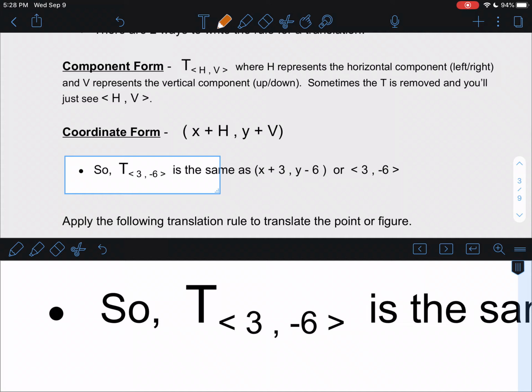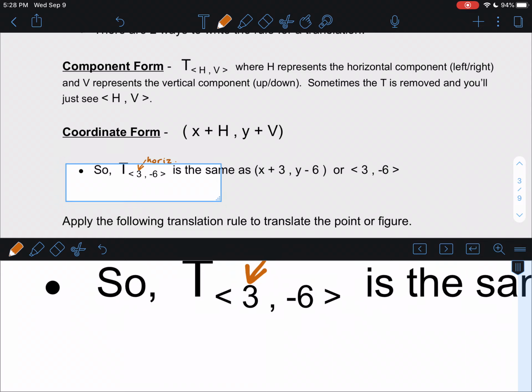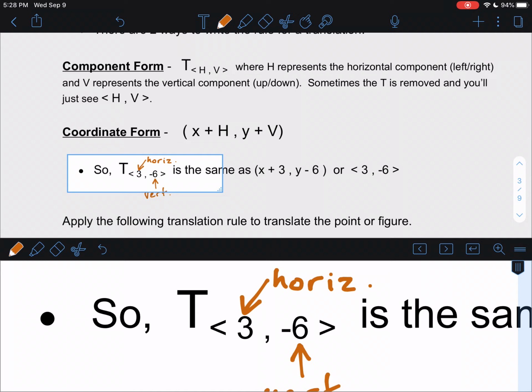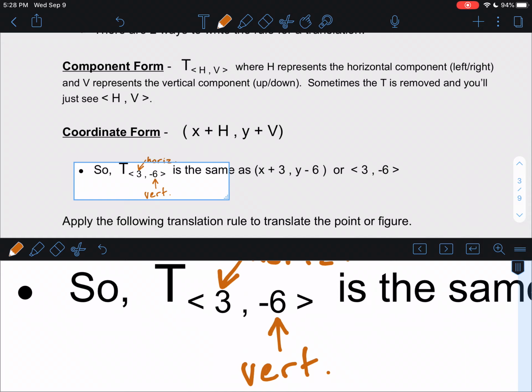Because the 3 is the horizontal, and since it's positive, it's going right. And the -6 is the vertical, so that is going down 6. If you see a negative horizontal, that means you're going left. If you see a positive horizontal, you're going right. Negative vertical means you go down. Positive vertical means you go up.